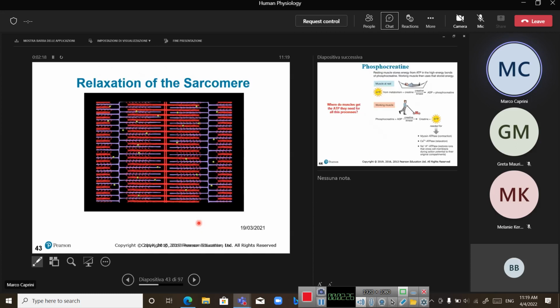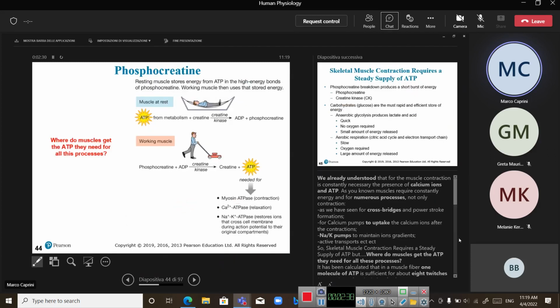But I would like to introduce now some important features of skeletal muscle from a physiological point of view, okay? We know until now that in order to contract a muscle, we need ATP and we need calcium.